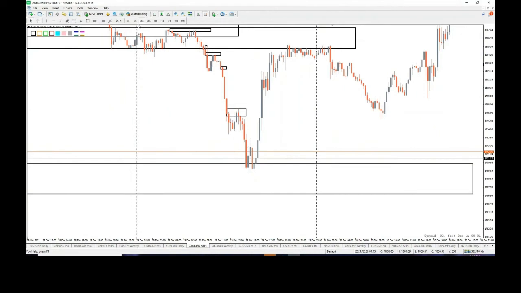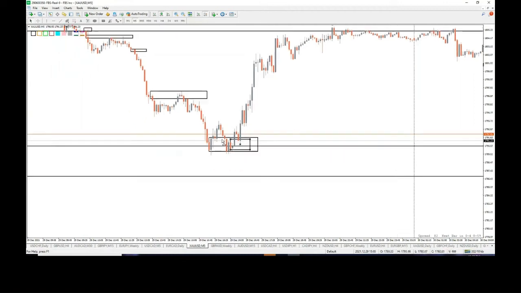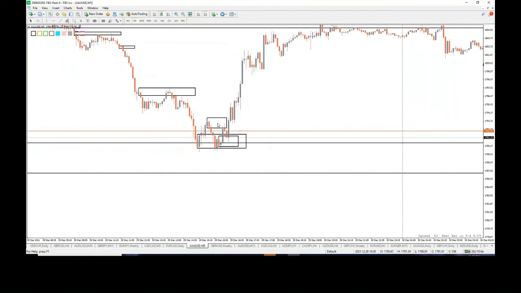But there's confirmation on M5 of buy. The price makes another engulfing buy. And the price breaks this zone. So this is M5.